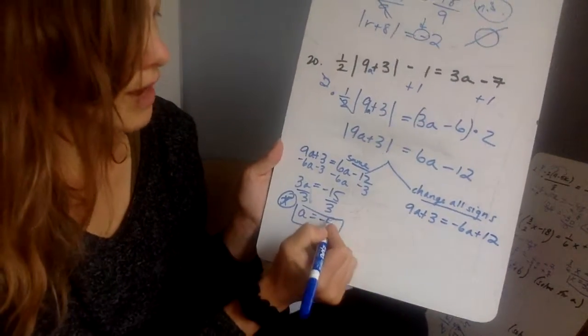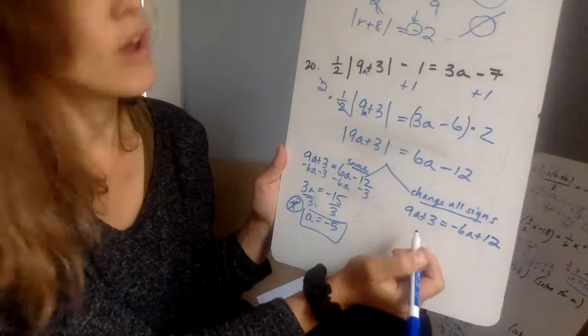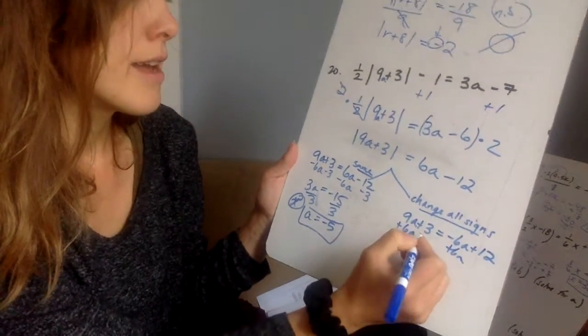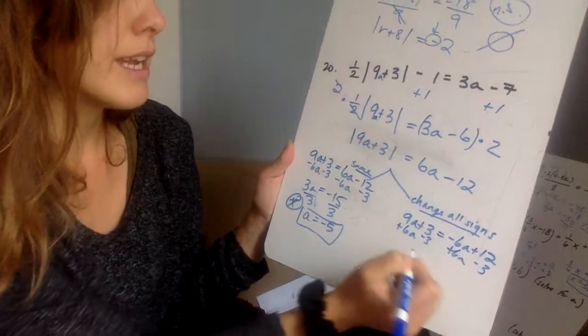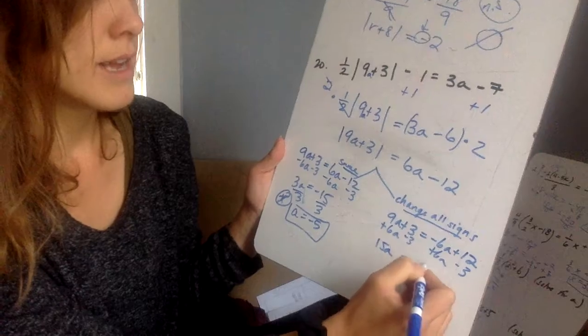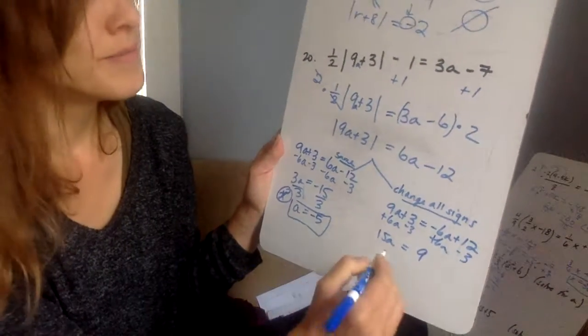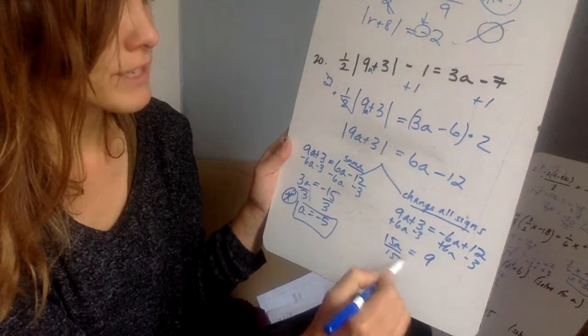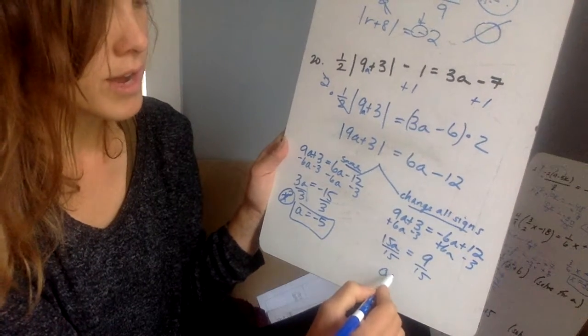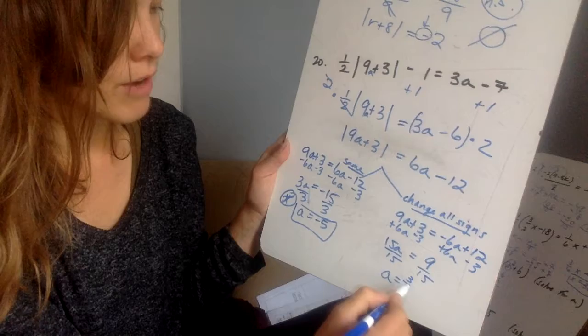So you should have gotten negative 5 here. On this side, I'm going to add 6a, minus 3, and I have 15a equals 9. Divide by 15, and a equals 9 over 15, or a equals 3 over 5.